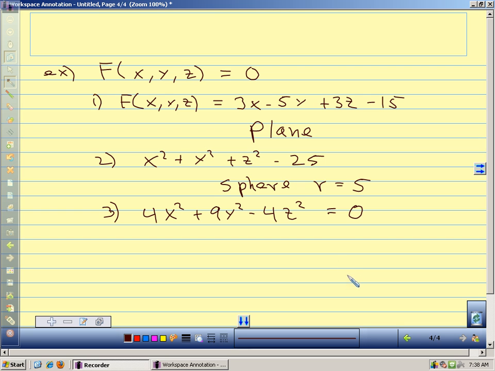Are the sides straight or the sides curved? Sides are straight, so this would be a kind of elliptical shaped cone. If I write 4x squared plus 9y squared equals 4z squared, and I look at just the relationship in any coordinate plane, I'm getting a line. Take the square root of both sides, I get a line. So this is an elliptical cone.